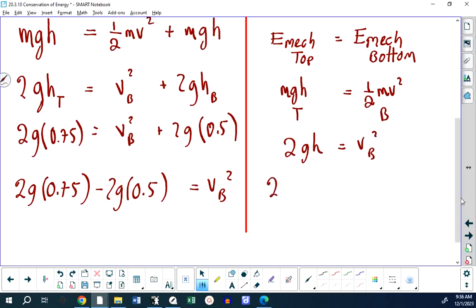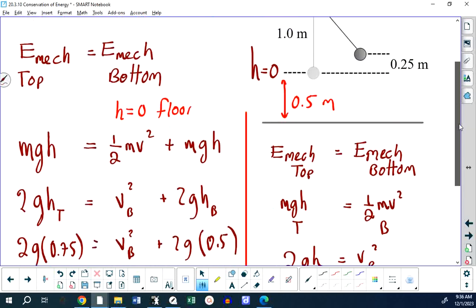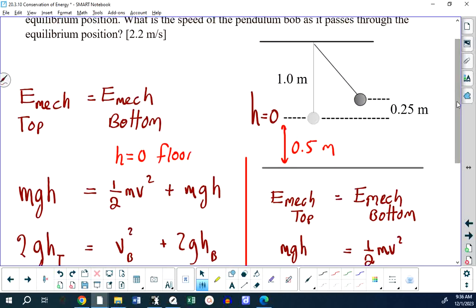So this is going to be 2 times g times, now what is the height of the pendulum, Noah, at the top if we're saying h equals 0 at the bottom? 0.25.